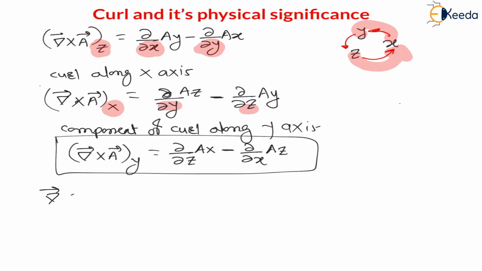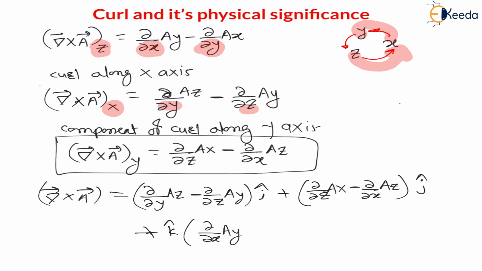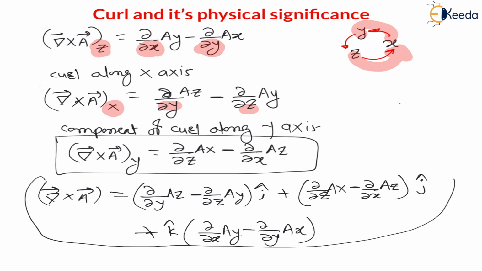Therefore del cross A, this is the total curl, will be equal to the x component, that is dou y of az minus dou z of ay, into i cap, plus the y component, dou z of ax minus dou x of az, into j cap, plus the k component, the z component, dou x of ay minus dou y of ax, right? This is how the curl is written.